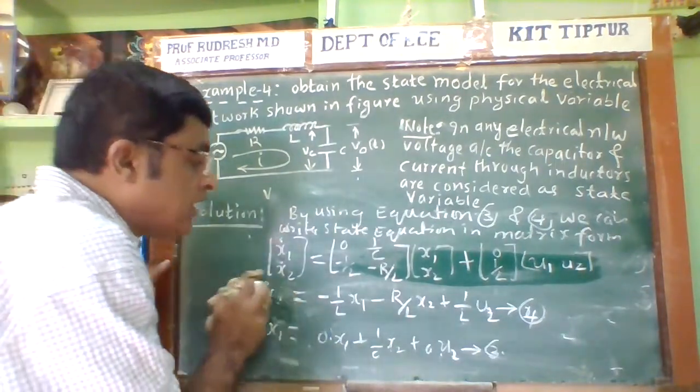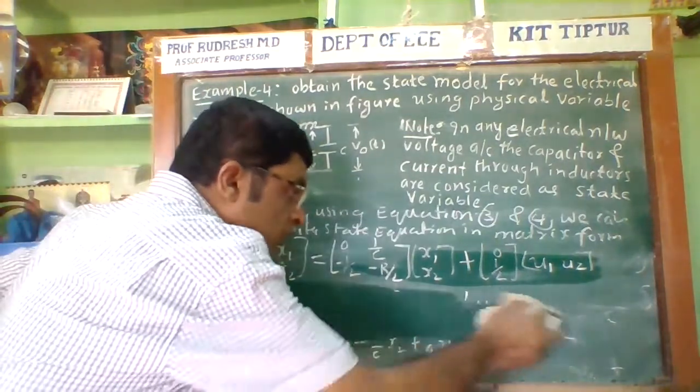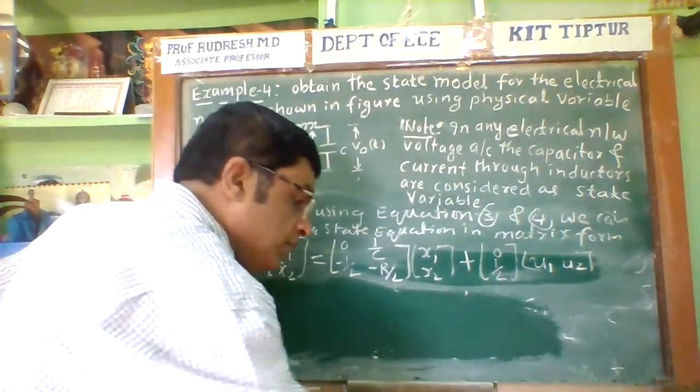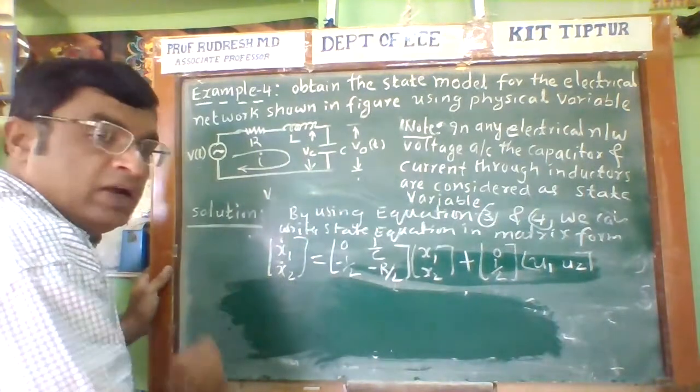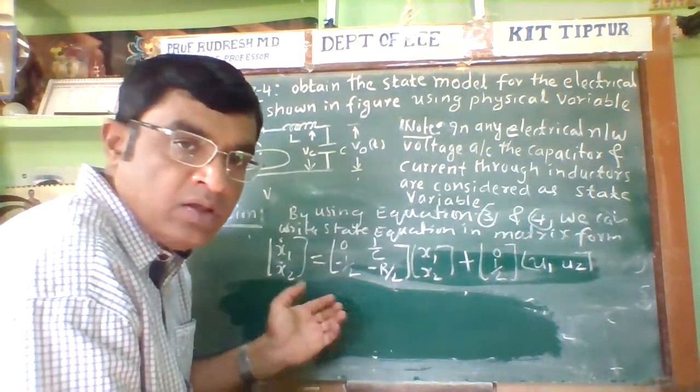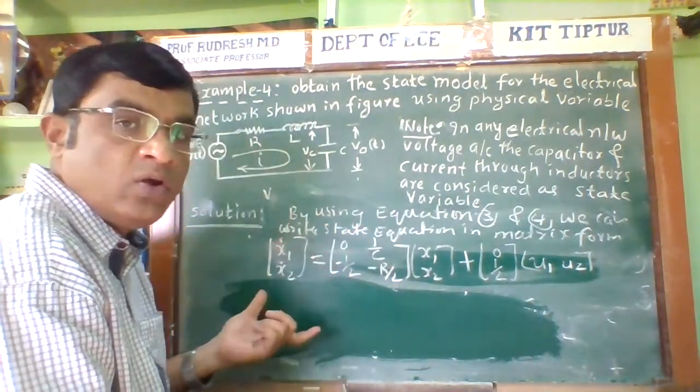Therefore, the output equation. Now what is the output? The state model is nothing but the state equation and the output equation.